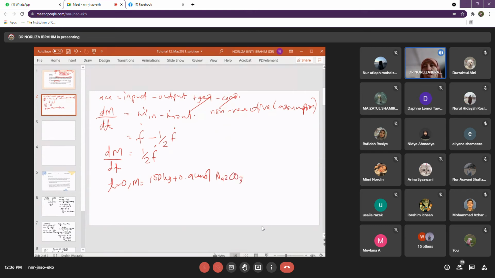You should not leave the answer this way because it's not consistent with the unit, so you need to convert. 0.9 kilomole multiplied by the molecular weight 105.99 gives 95.4 kilogram. So this is the mass in the tank before you start the time.